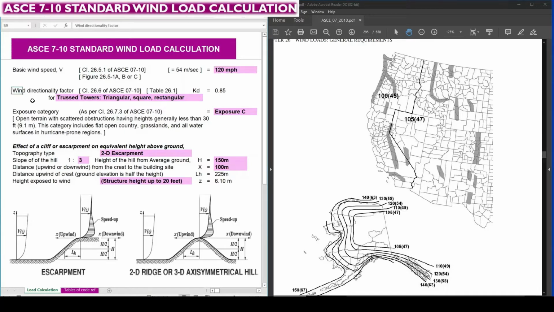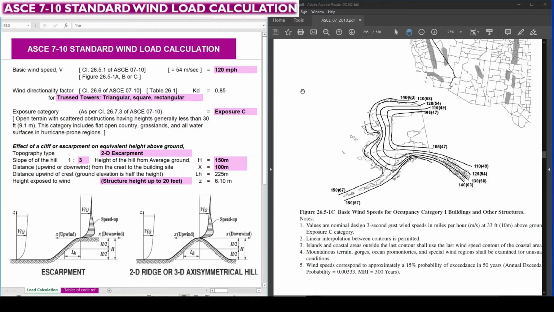Next, we need to find the wind directionality factor. That wind directionality factor, as per clause 26.6, is to be referred from page number 297.